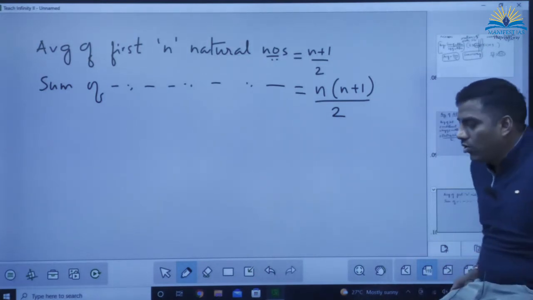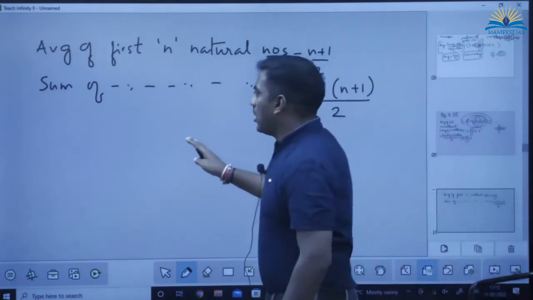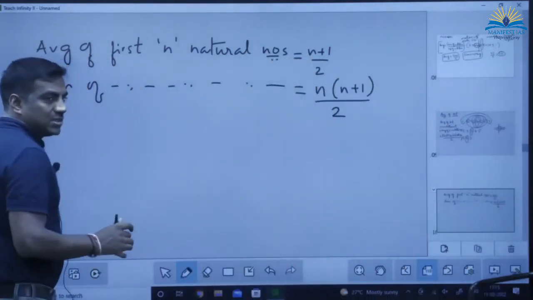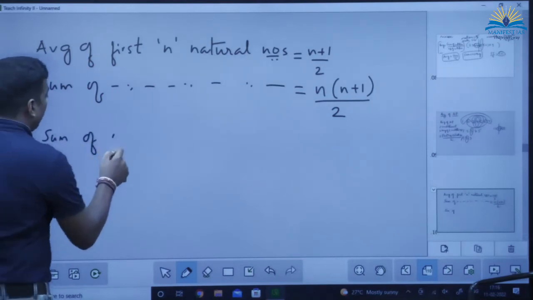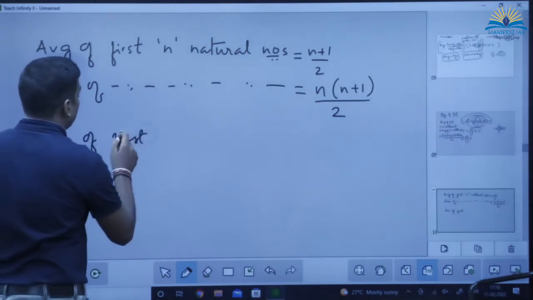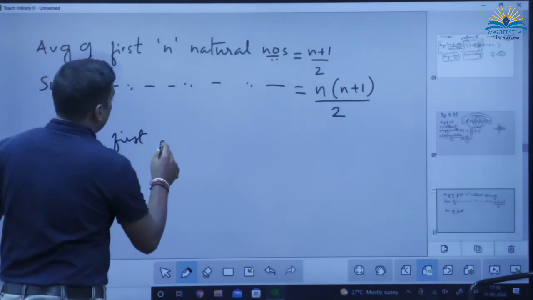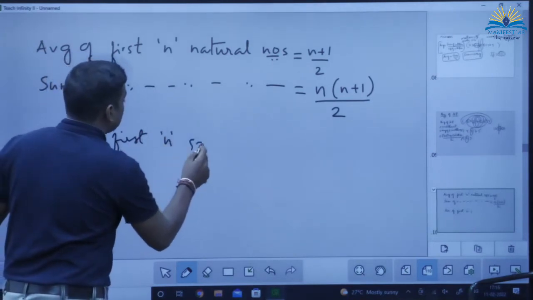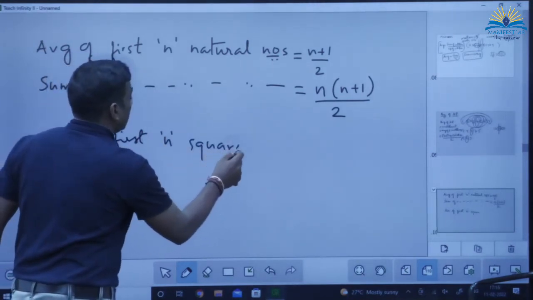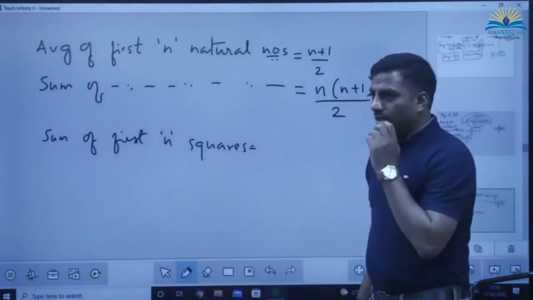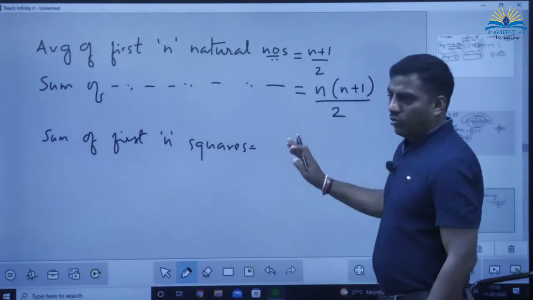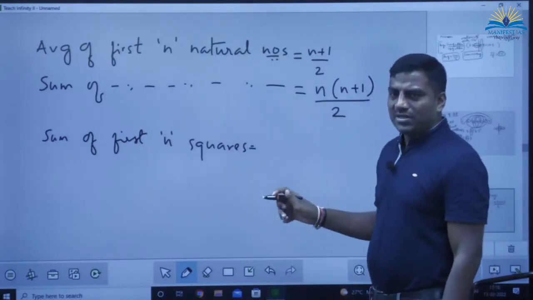But when we have the pattern for the sum of n natural numbers, similarly we have the sum of the first n squares also. But that doesn't have anything to do with this formula. We have to just remember this.